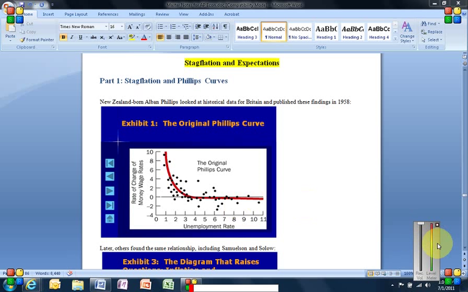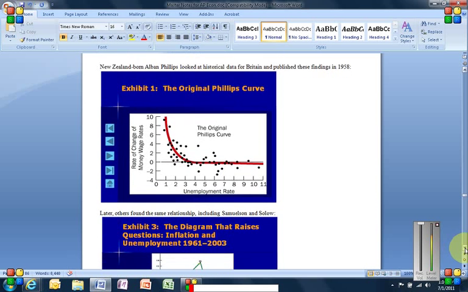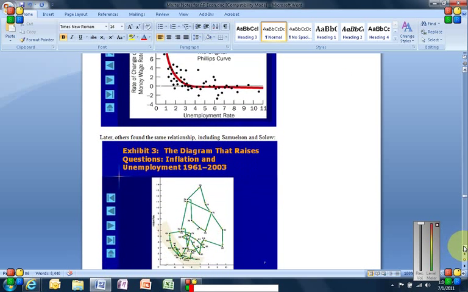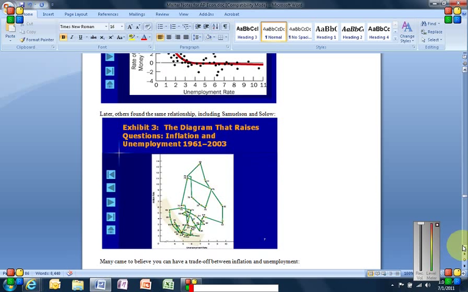When he published these findings, other people around the world started to look into this relationship and found the same kind of relationship, including Samuelson and Solow. These were Americans looking at American data, and if you take a look at this visual, you'll see that year by year they found a similar kind of trend. There's this light shaded region down in this area that seems to indicate the same relationship.